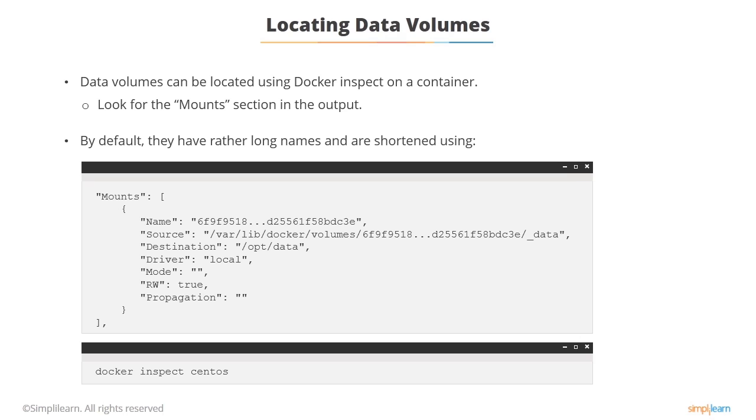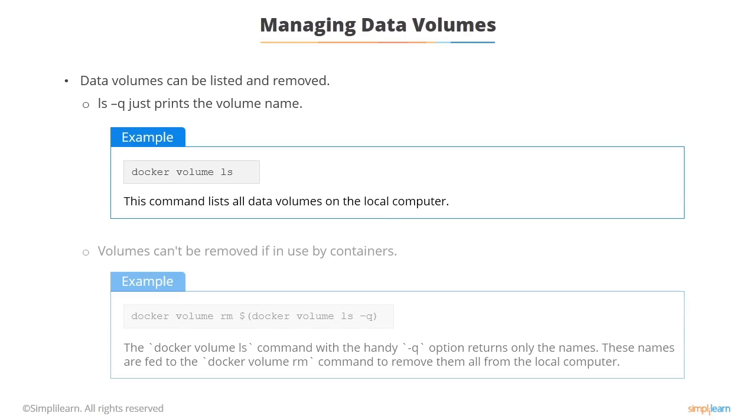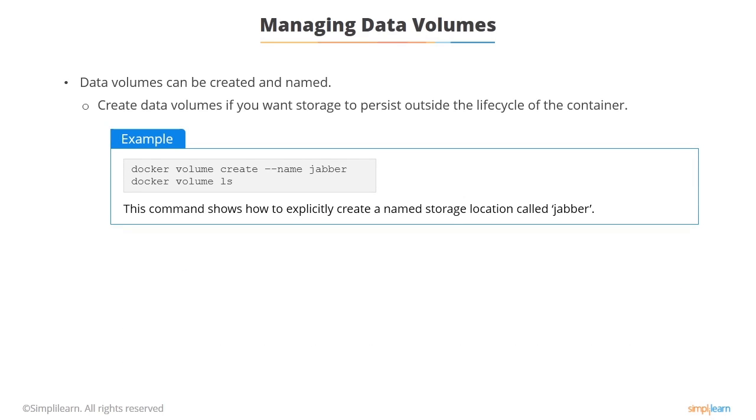So you can manage the volumes, you can list them, you can delete them. If you're going to have some storage that you want to persist outside the life cycle of the container, you'd have to create it, or alternatively use a directory structure within the computer that Docker is running on.